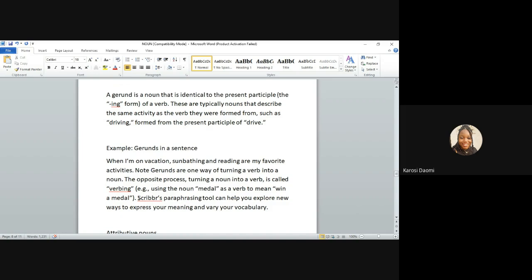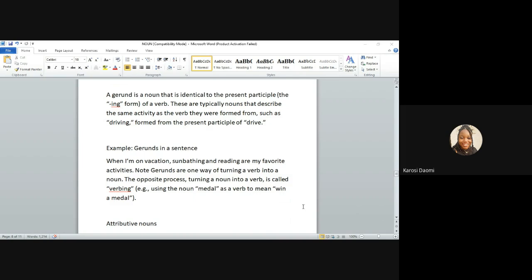So a very good example of using a noun as a verb is the word man. Man is a noun, but it can also be used as a verb.